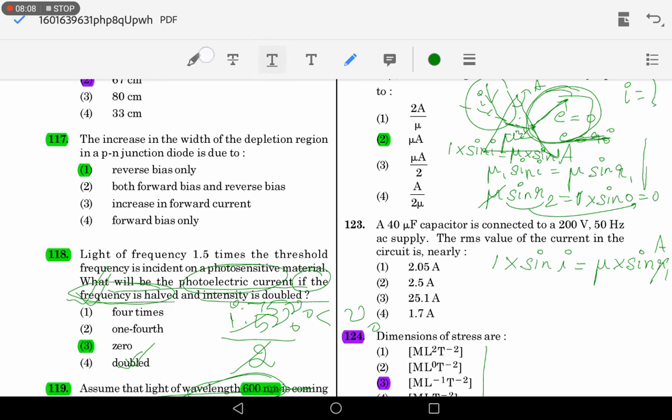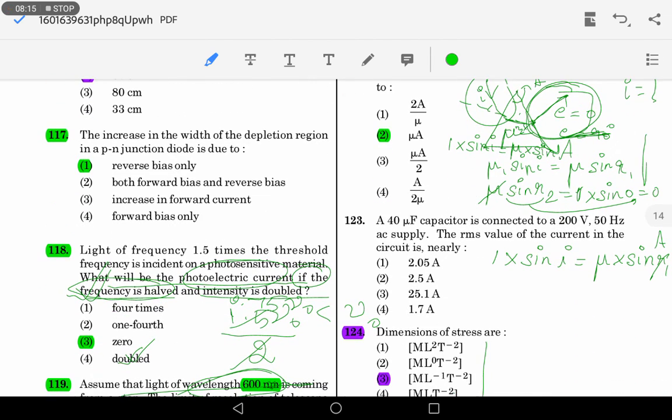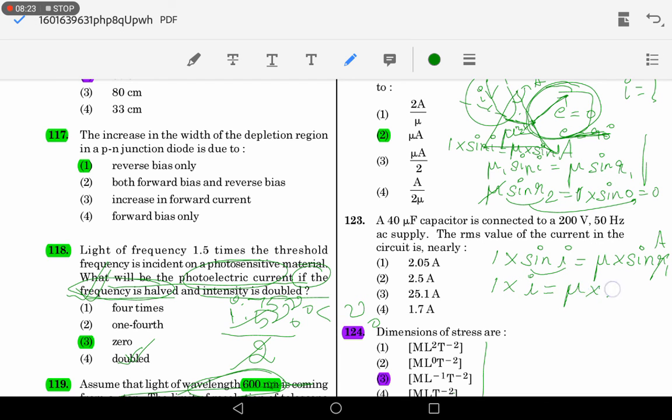So it is also given that all these are small angle prisms. For small angle prism, you can neglect sine, sine I is approximated to be I. Mu into sine A is approximated to be mu A. So angle of incidence I equal to mu A. Also remember, for sine I, when I is much less, it's going to be I. For cos I, when the value is very low, cos is going to be 1.